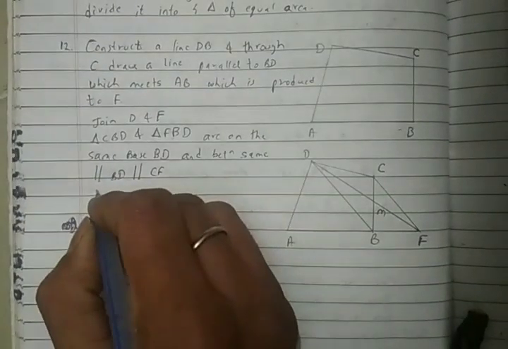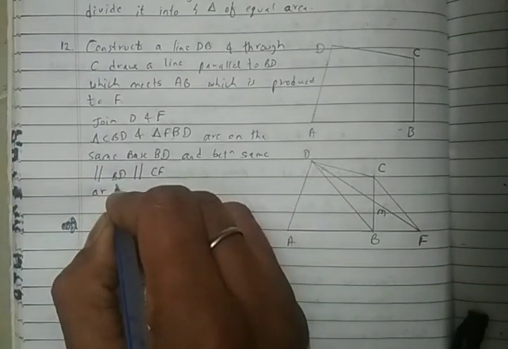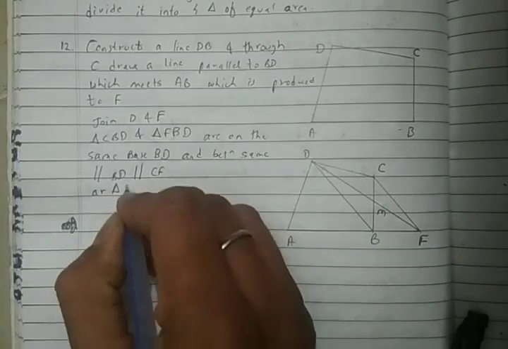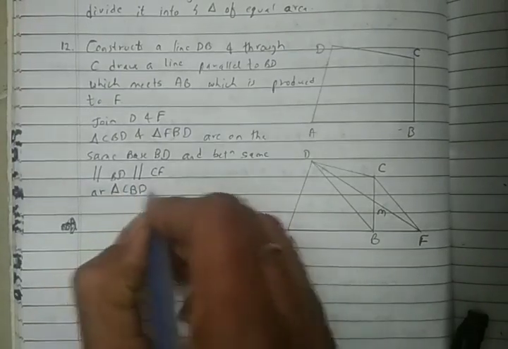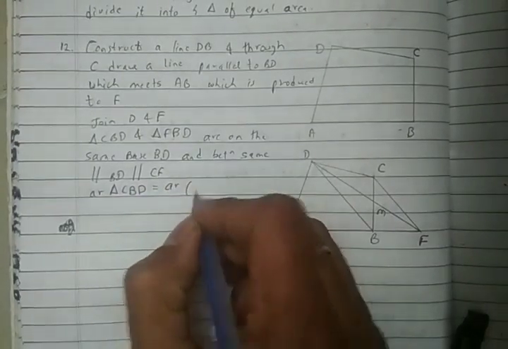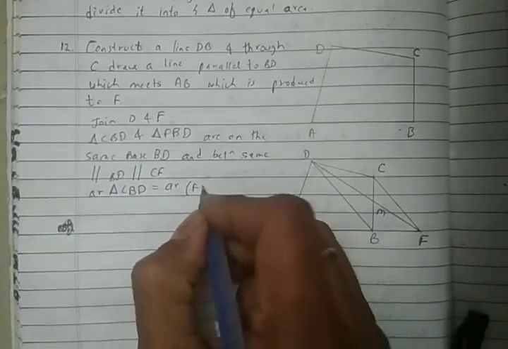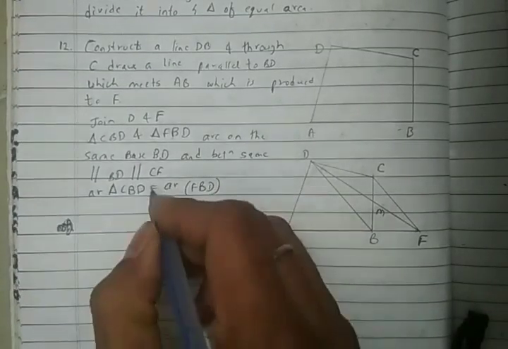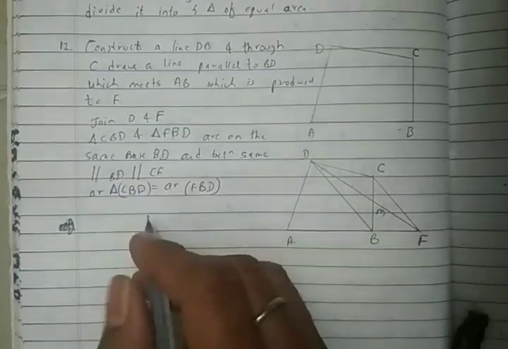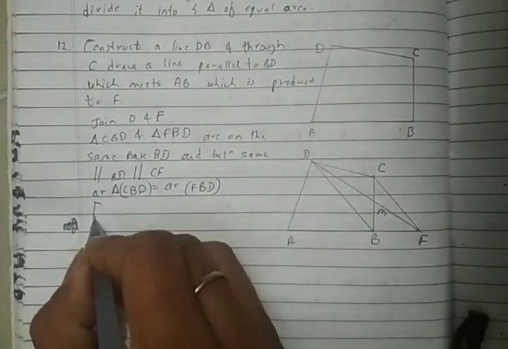Hence we can say that area of triangle CBD equal to area of triangle FBD. We can say this why?